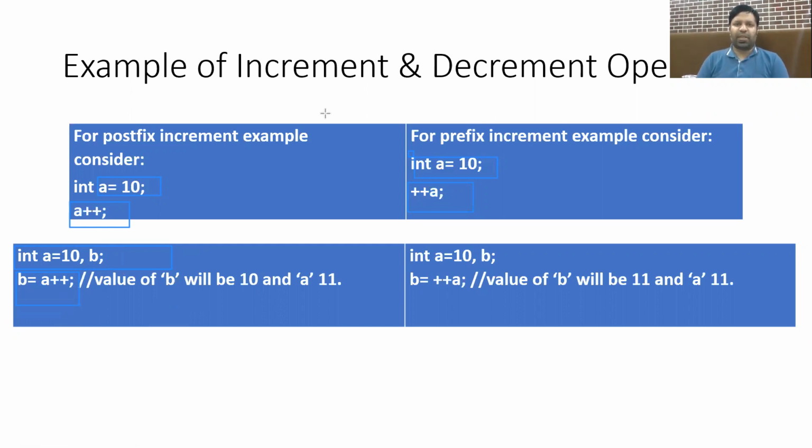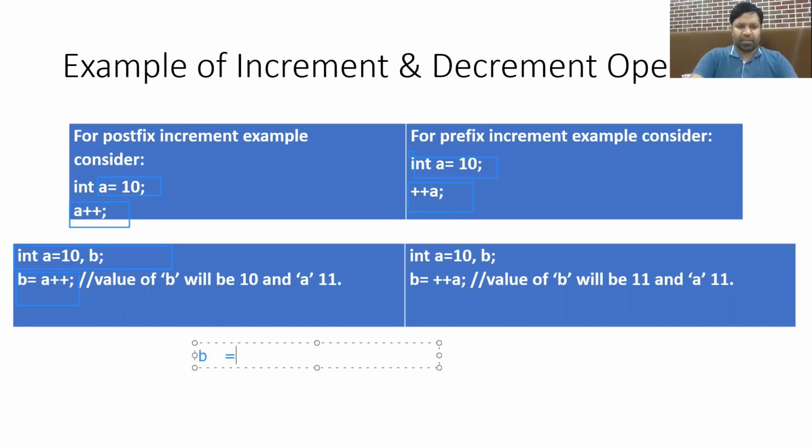When we are using the post increment operator in a bigger expression, then the expression is resolved first and then the increment happens. And when we are using the prefix increment in a larger expression, then the increment happens first and then the expression is evaluated.